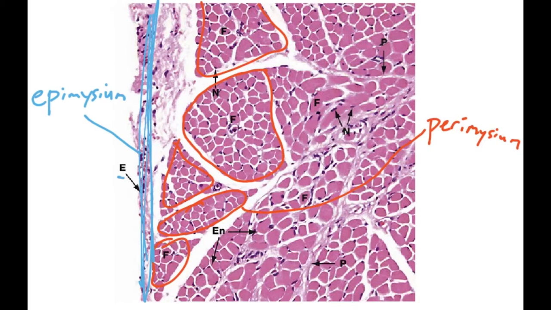And then you can see a little bit of the perimysium here, additional perimysium here. And then what you really can't see on this graphic, we're just not zoomed in quite well enough. You can kind of make out a little bit of it here and here. So what you're seeing here around each individual cell, again, that's going to be your endomysium.